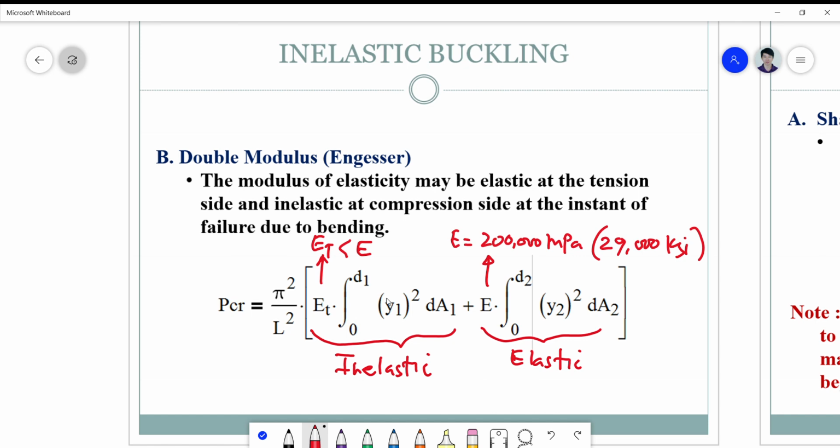Okay, so the integral sign here is simply the moment of inertia of the area into which the fibers behave inelastically. So this is simply the area of the inelastic fibers, and this is simply the area of the elastic fibers. And the formula for, I'm sorry, it's not the area, but the moment of inertia.